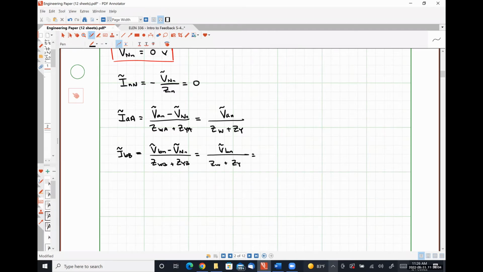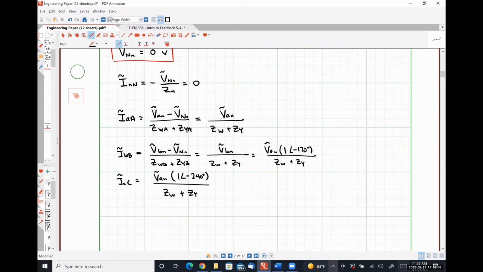Or another way that we could think about this would be VAN times 1 angle negative 120 degrees over ZW plus ZY. Similarly, we could see that our line current through our C conductor will come out to be VAN 1 angle negative 240 degrees divided by ZW plus ZY. Okay.